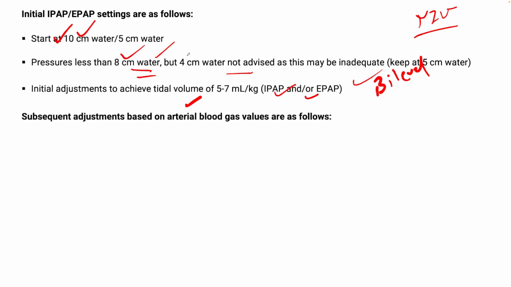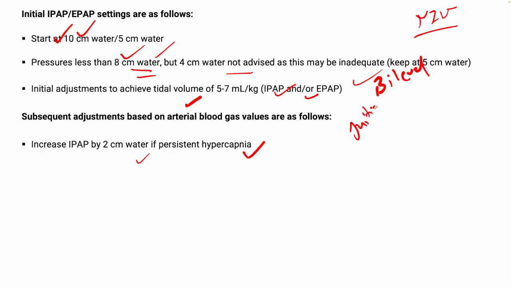Now for subsequent adjustment: after giving the initial setting, if you think the condition is worsening or needs more adjustment, you can increase the inspiratory pressure by 2 centimeter if it is going into hypercapnia. After starting the initial treatment, only if you feel the condition is not getting better should you do that.